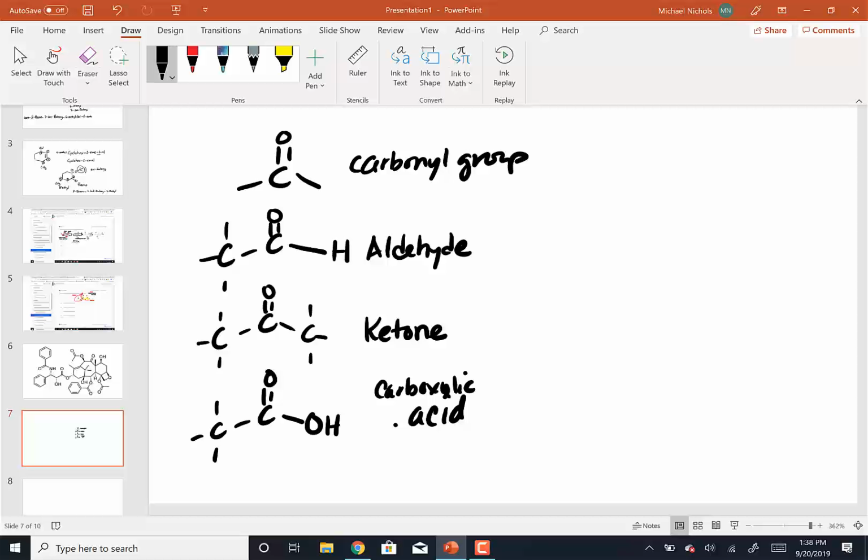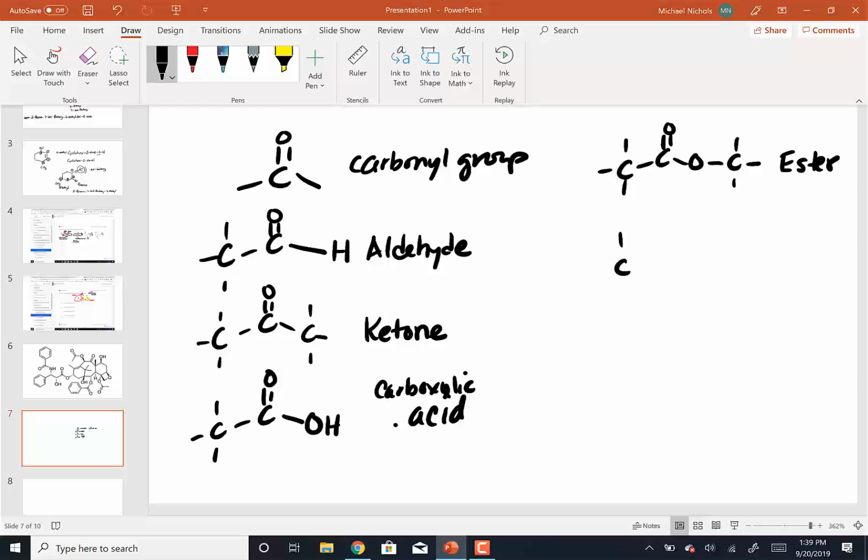We dealt with carboxylic acids this week. It was one of the functional groups that we were trying to recrystallize. If, on the other hand, your O is now attached to another carbon group, that's called an ester functional group.